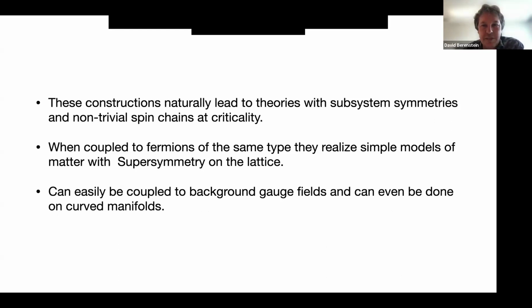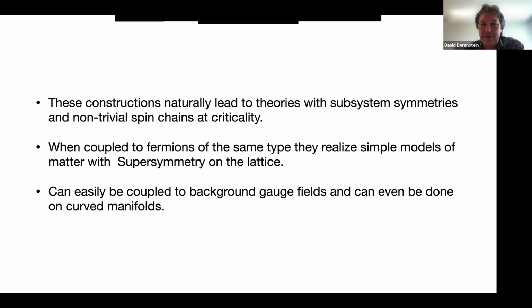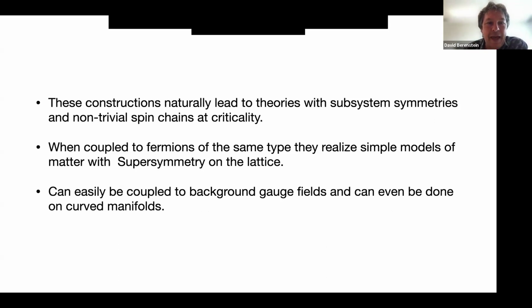Not fractals, but subsystem symmetries. I learned the difference recently. It gives non-trivial spin chain criticality. And as I said, when they couple to fermions on the lattice, they can realize simple models of matter with supersymmetry on the lattice. It can easily be coupled to background gauge fields and can even be put on curved manifolds, which is something that's interesting more generally.